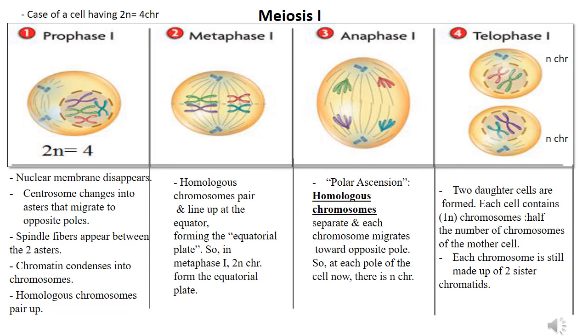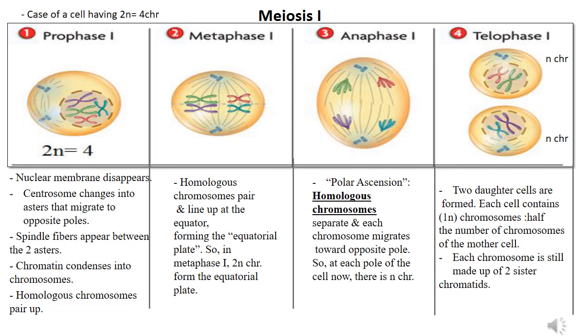So you see inside the nucleus, we have here 2N, 4 chromosomes. Every 2 chromosomes form one pair. And we say homologous chromosomes pair up, which means the 2 homologous chromosomes form together one pair. They stay close to each other.